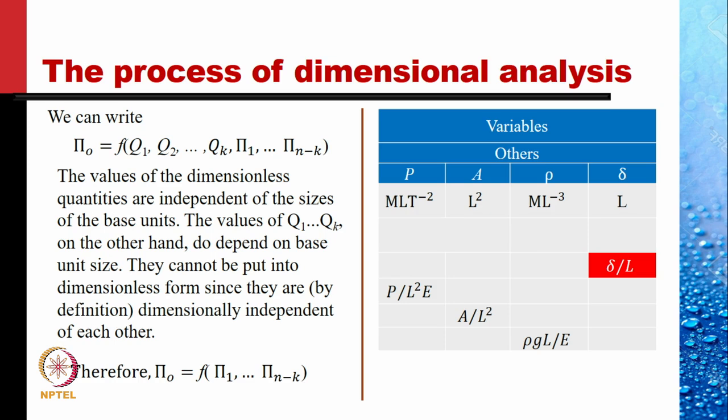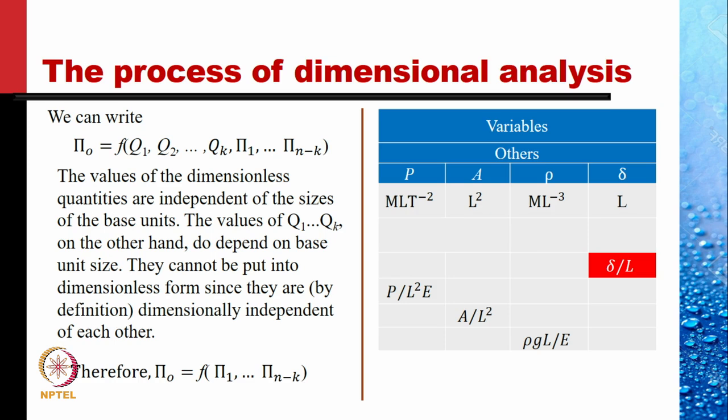The values of the dimensionless quantity are independent of the sizes of the base units. The values of q1 to qk, on the other hand, do depend on base unit size. They cannot be put into dimensionless form since they are by definition dimensionally independent of each other. Therefore, pi naught can be written as a function of pi 1 to pi n minus k.